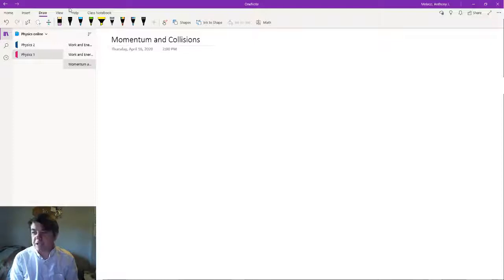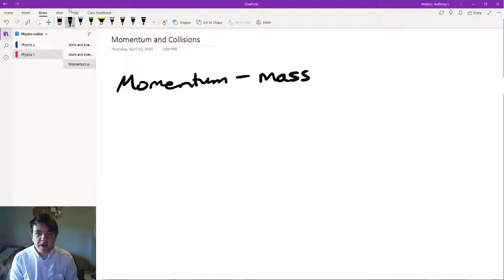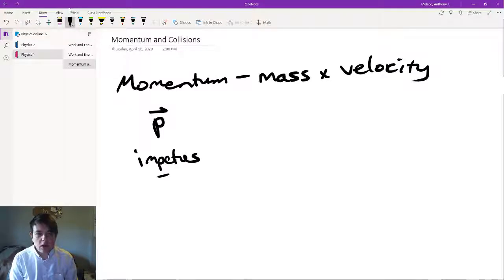So momentum and collisions. First of all, let's define momentum. Momentum has been defined mathematically as mass times velocity. It's given the symbol P for impetus, and the fact that m's been taken.